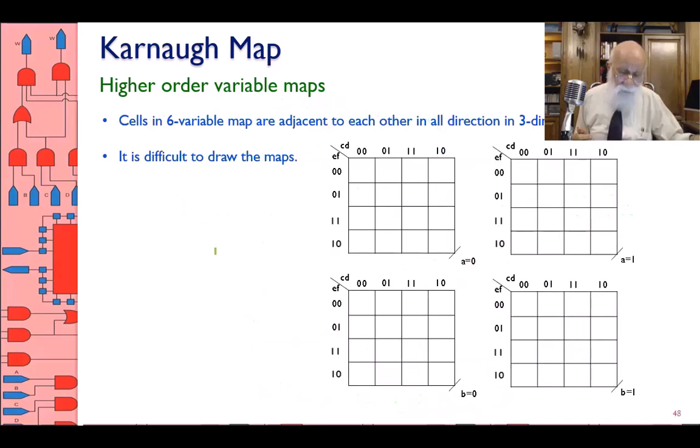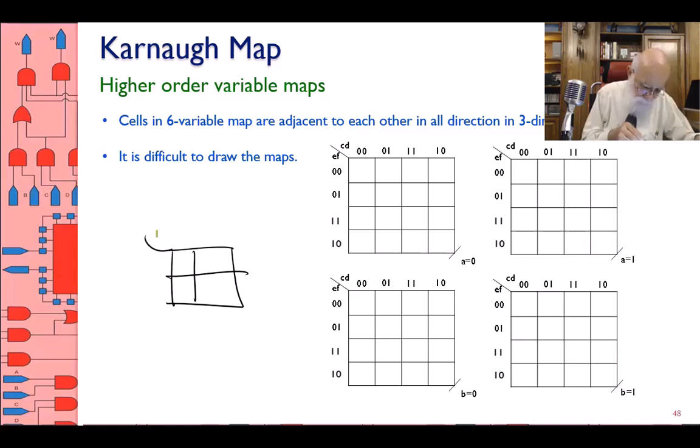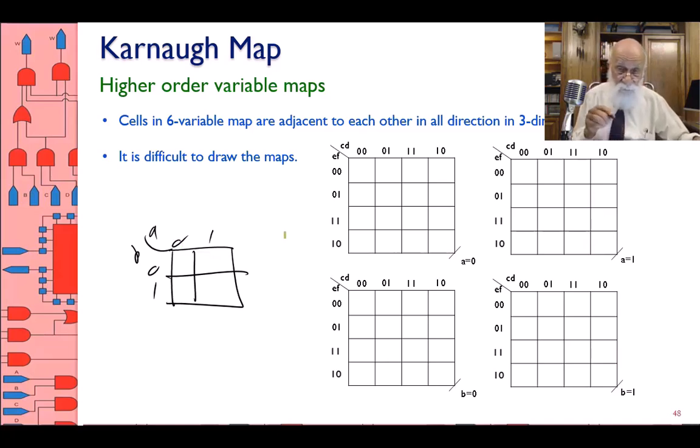How about 6-variable? I'm not going to do this 6-variable, but look at it this way. See, the 2-variable map was like this, right? A, B, 0, 1, 0, 1, and then you put the ones in there. Now, for a 6-variable map, take the 2-variable map with the variables A and B, and then stick 4 Karnaugh maps in each of these boxes.